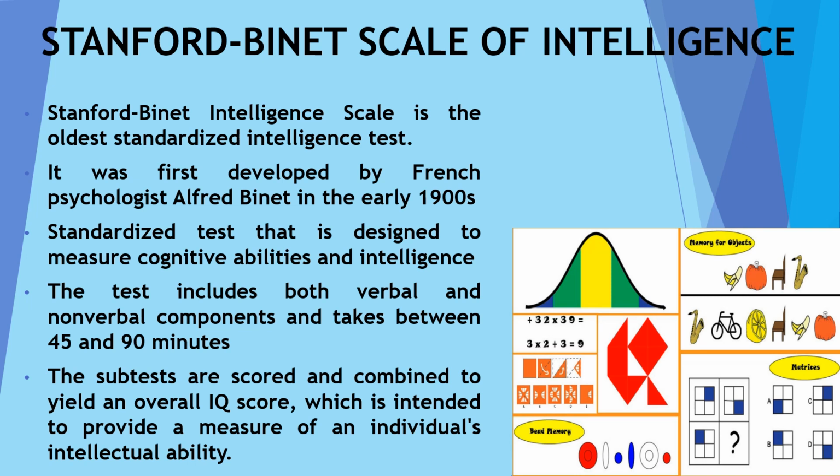Then the scores are combined from each subtest to calculate an overall IQ score for the individual being assessed. Based on the result of the assessment, the child's parents and teachers are able to better understand her cognitive strength and weakness and can work together to provide her with the support and resources she needs to succeed in school.